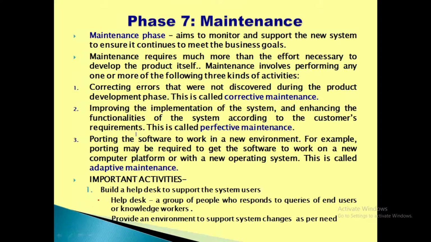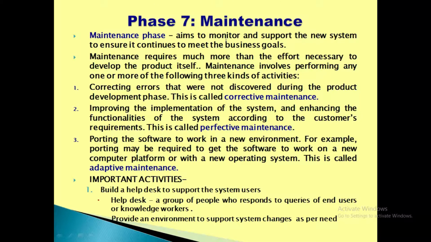Now this maintenance phase is the last phase and most important. This remains in existence till the time the software or information system is in use. It can be the lifetime, it can be 7 years, 8 years, till the time the system is replaced by some other new system.